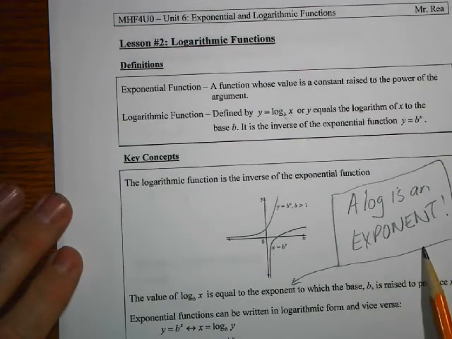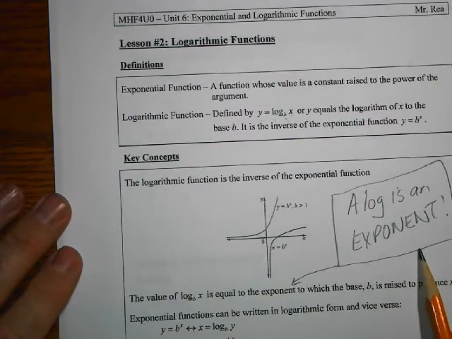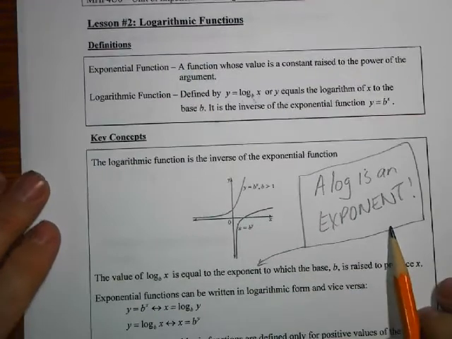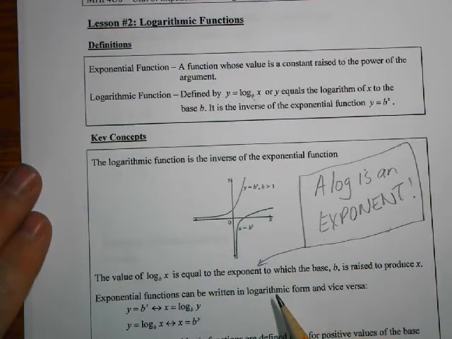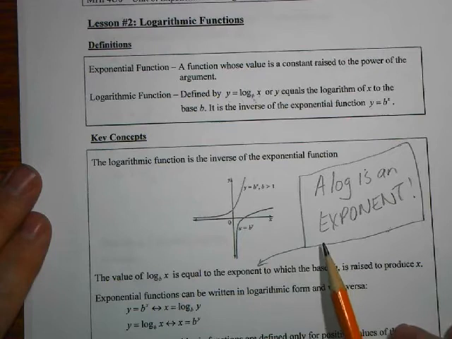This is a really critical message: a log is an exponent. It's always really helpful to know that, because sometimes it can get lost on you. What am I actually trying to find here? So just remember, a log is an exponent.